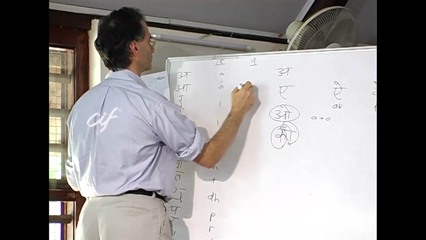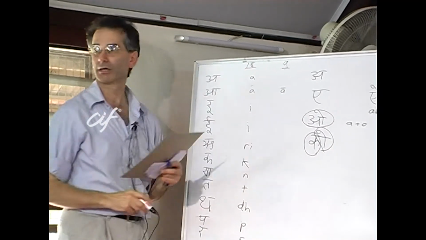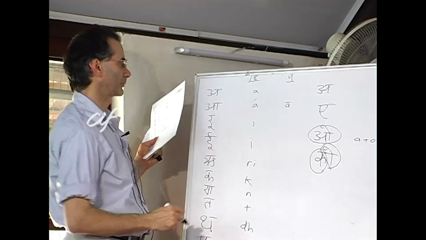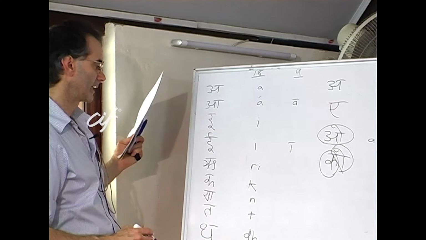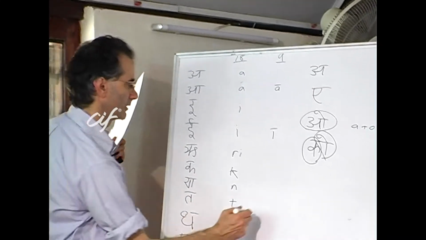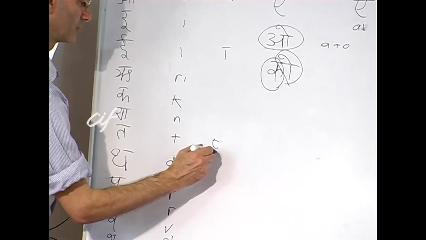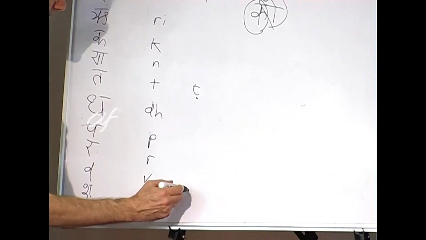So how did they do it? Well, they used a macron, a line above, to represent long vowels. And they used a dot below to represent retroflex sounds.